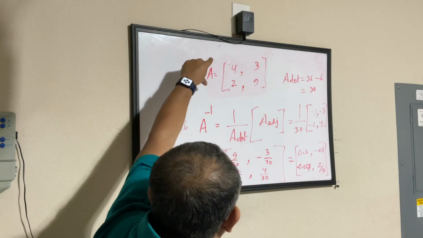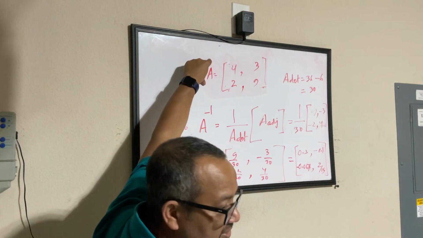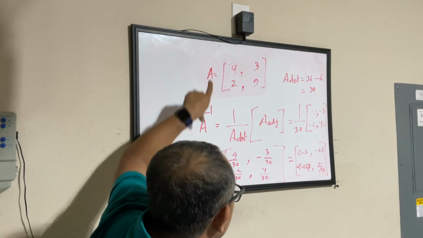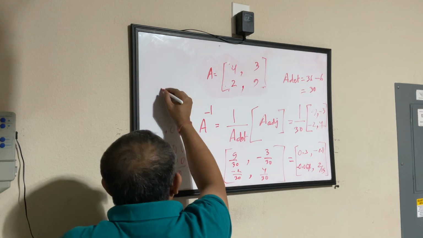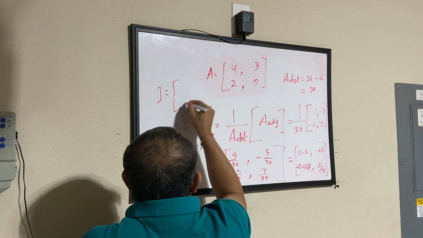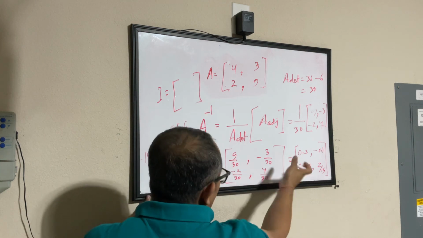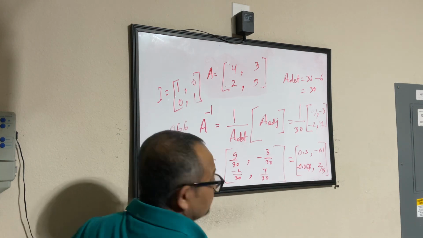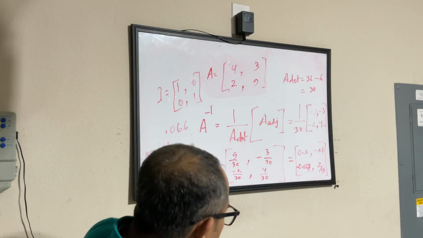Now we have the matrix and we have the inverse of the matrix. When you multiply these two, you will find the identity matrix, which will be 2 by 2: 1, 0, 0, 1. That is what it will come down to.